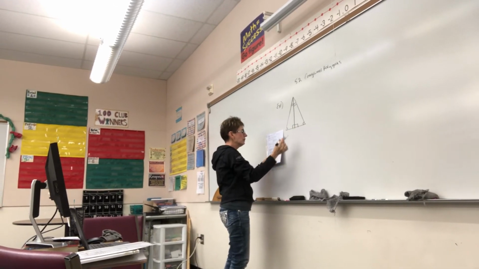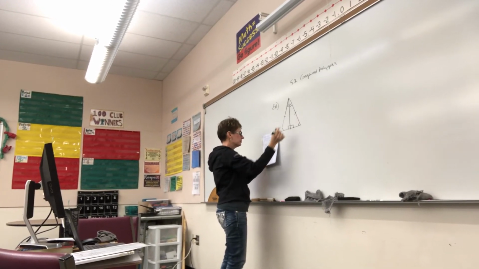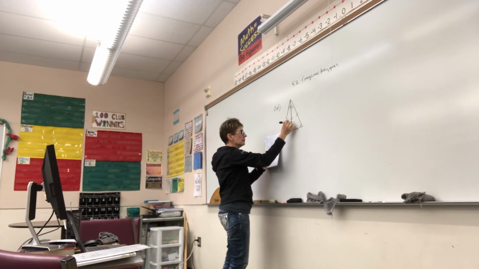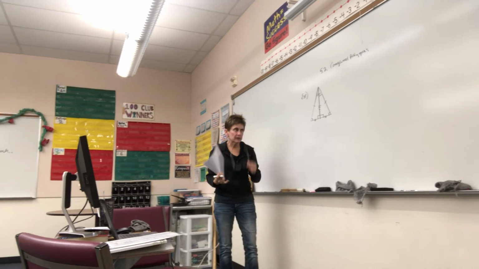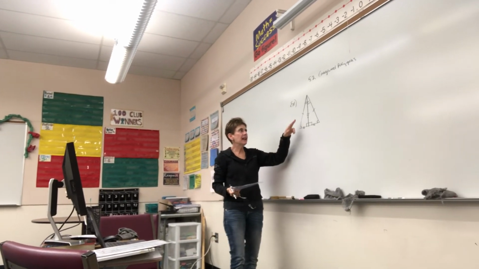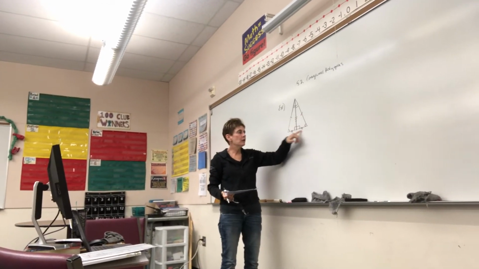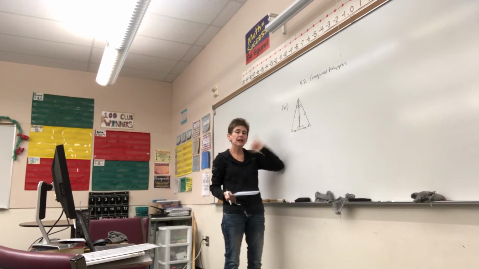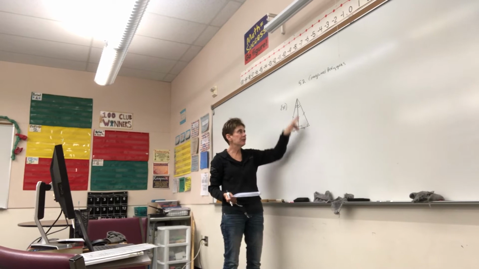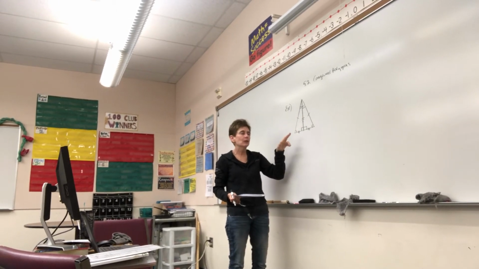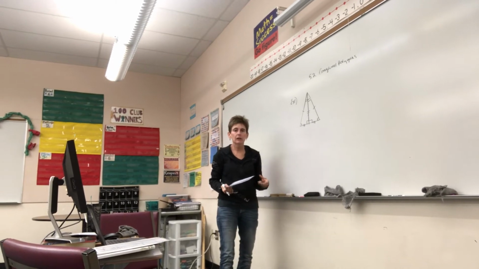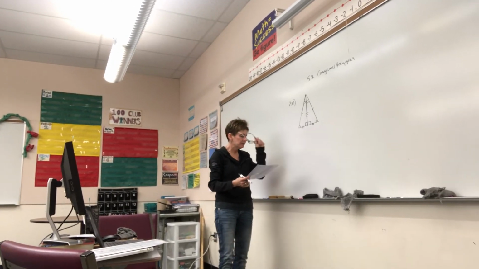And then we're also looking at their sides. So we have two triangles in this picture. We can see that they have 3 pairs of corresponding sides that are congruent with 1, 2, and 3 hash marks. And then they have 3 pairs of corresponding angles that are congruent. So all 6 parts are congruent to themselves.